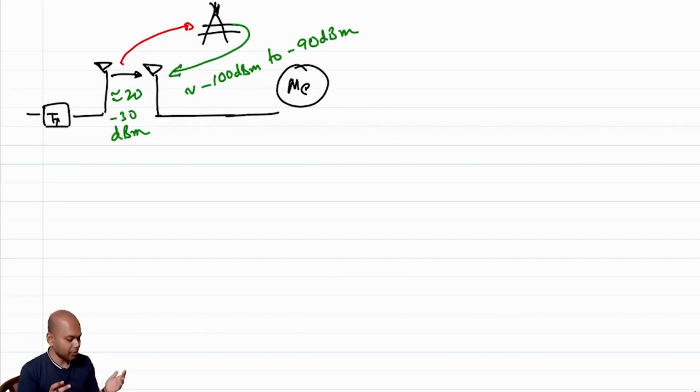So it's of the magnitude of how much? The difference of 100 dBm is essentially 10 to the power 10, right? So you see the difference in magnitude of power that you are getting here is huge.